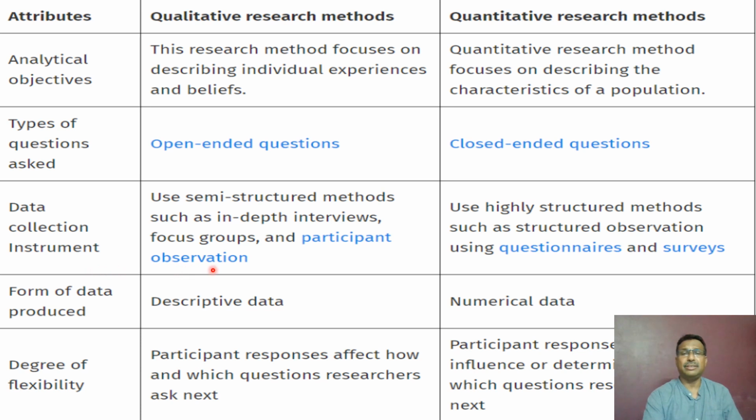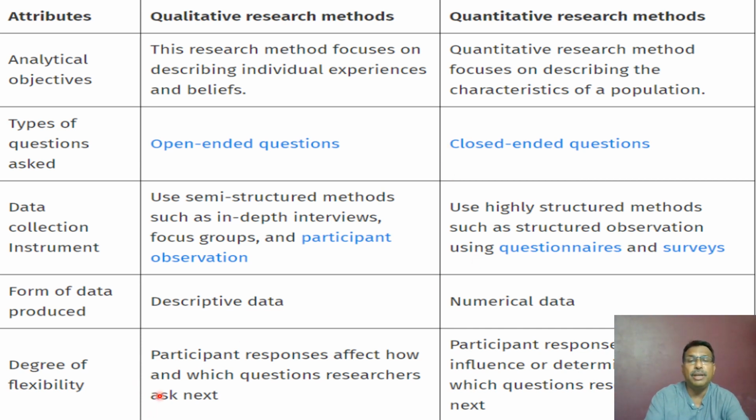Data collection methods can be participant observation, semi-structured interviews, or in-depth interviews. But in the quantitative method, it is absolutely structured. In fact, every participant is asked simple, straightforward, sequential questions altogether, and surveys. The form of data is all about descriptive data in the qualitative research method, but in quantitative, it can be translated into numerical data.